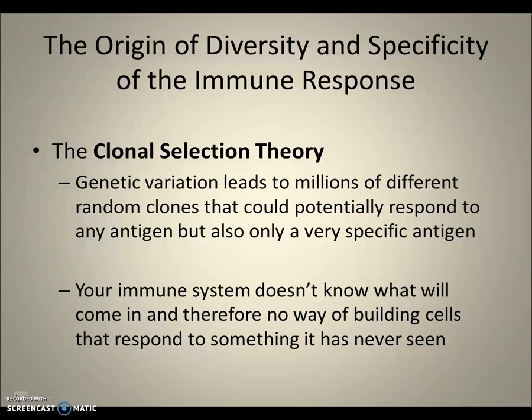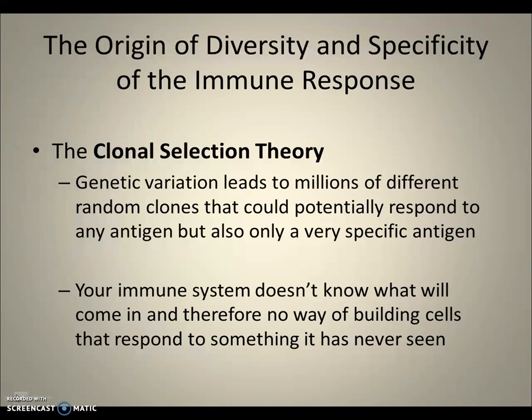The way that it's set up, you can have all sorts of different combinations of these genes that go into coding for building the protein receptor on B cells and T cells, such that you can have this huge amount of genetic variation, huge amount of variation in the shape of what those receptors would respond to, and they would also respond to very specific antigens.